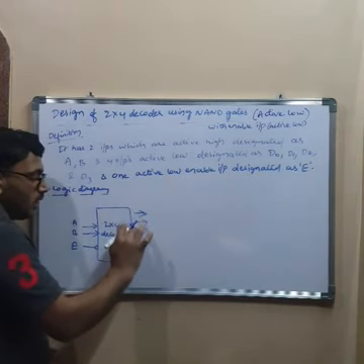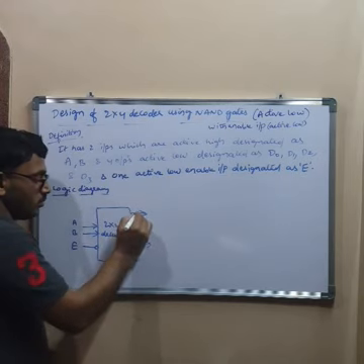So these are active low. The meaning of active low is represented with a bubble.